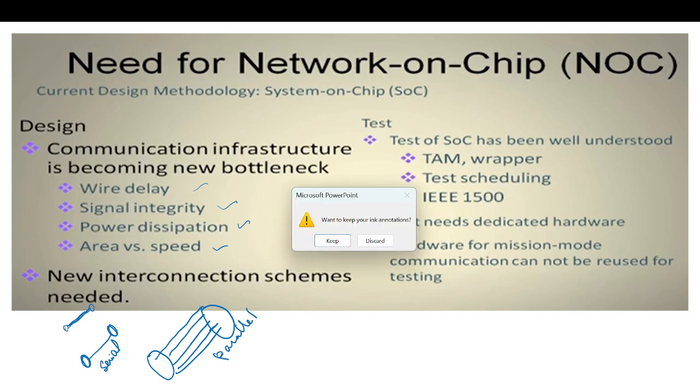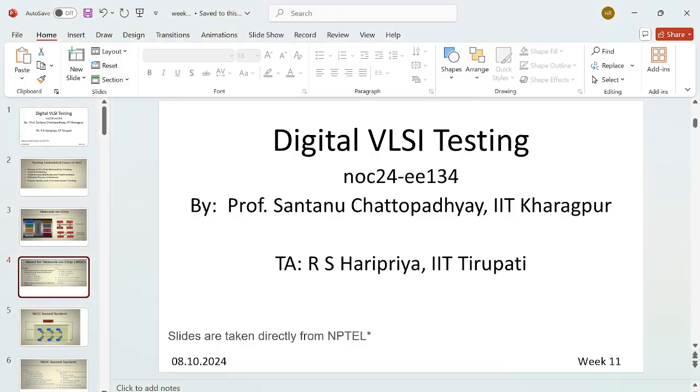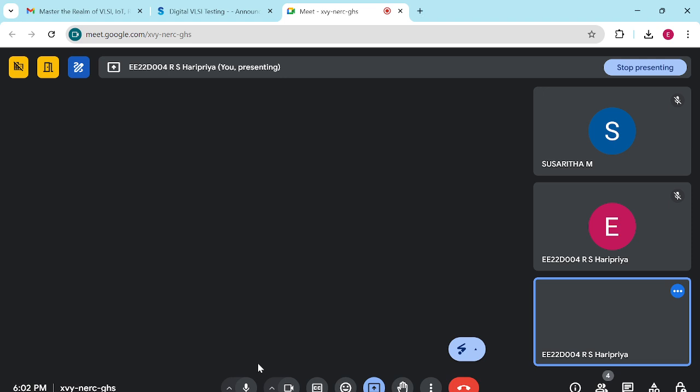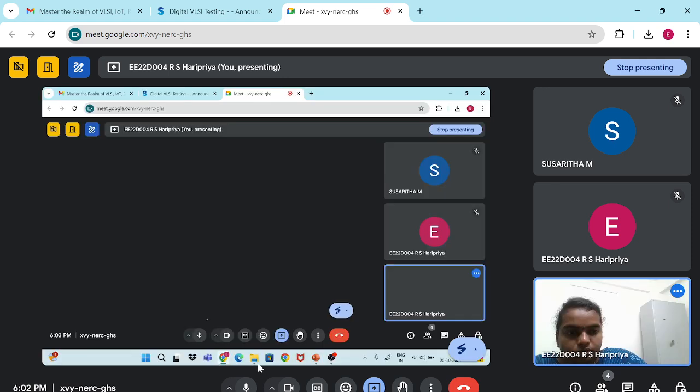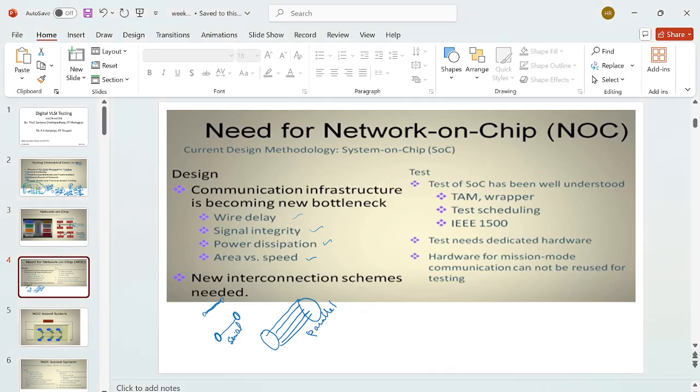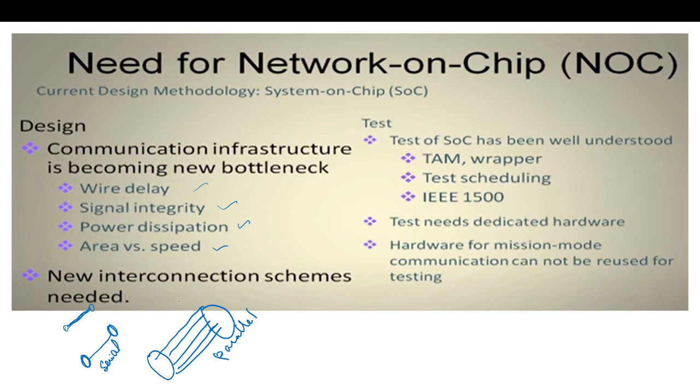So there is an issue now in the parallel.